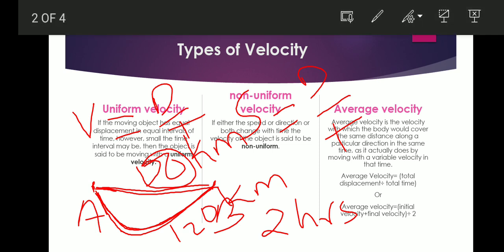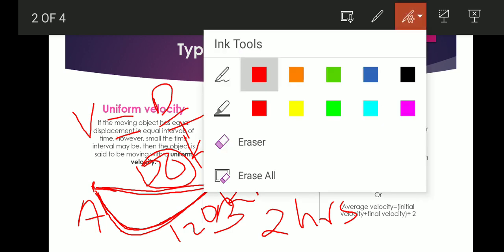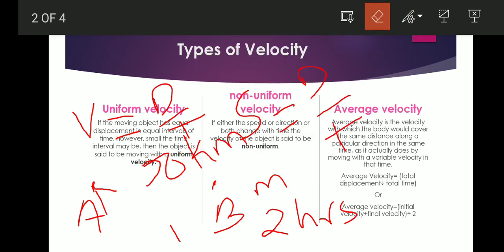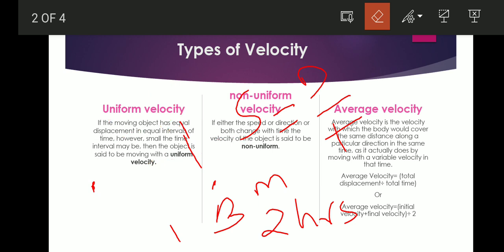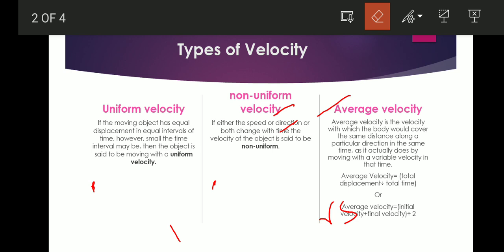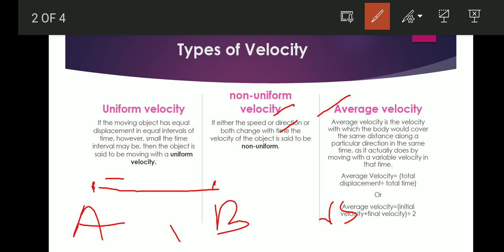Here, for uniform velocity, the movement need not be straight. In this case, for example, these two cities A and B, the distance between them is 50 kilometers.